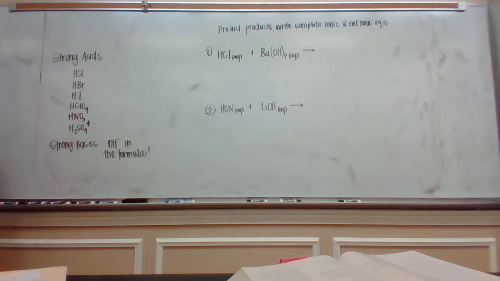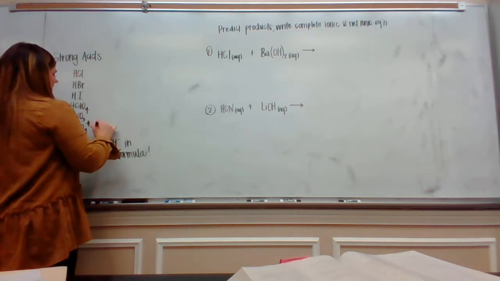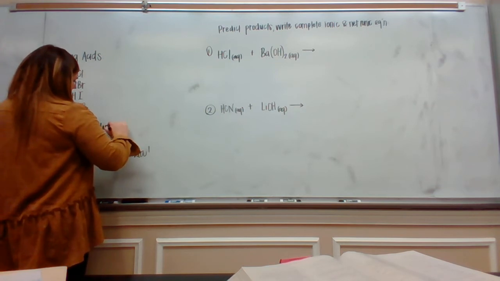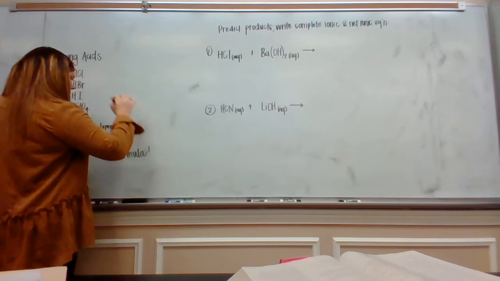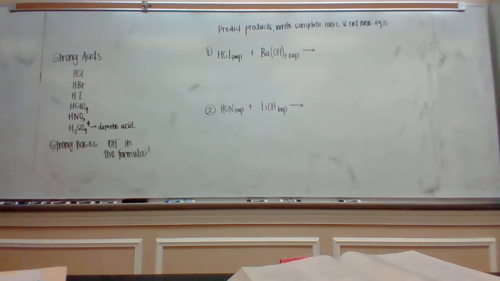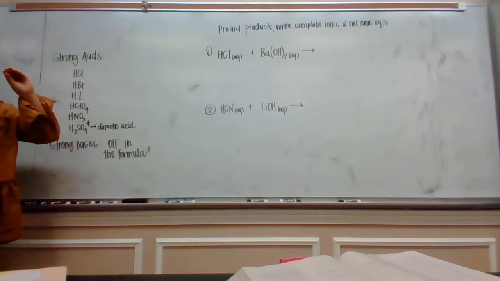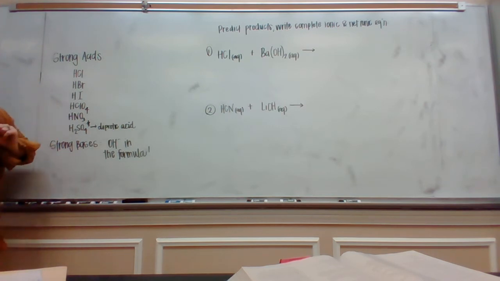I put an asterisk by sulfuric acid because that's actually a diprotic acid. So it ionizes in a stepwise manner. We don't really want to talk about that. And all strong bases have OH in the formula. I'm telling you this because if it's not strong, that changes your complete ionic and your net ionic.